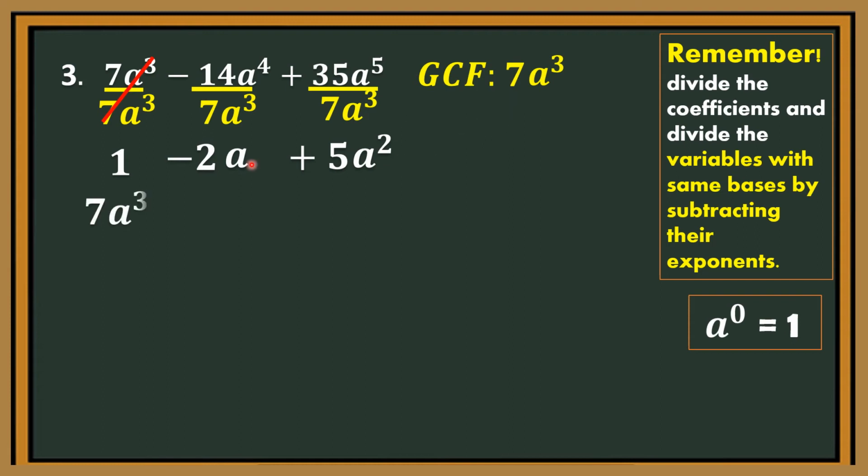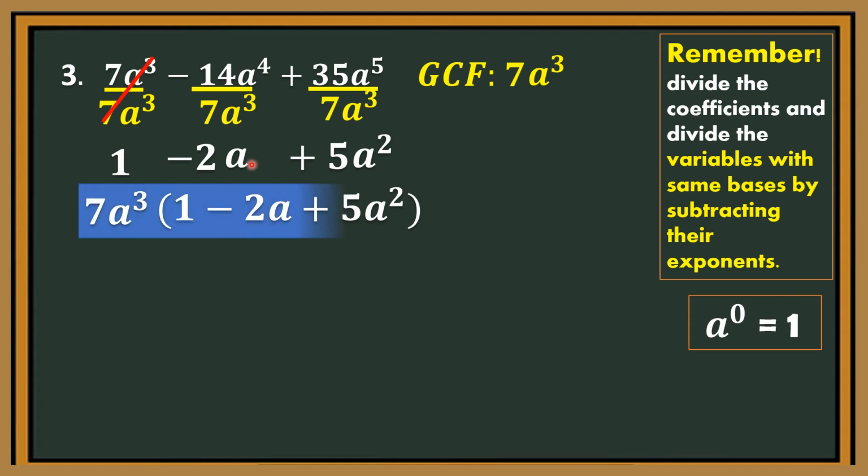First factor is 7a cubed. Second, the quantity of 1 minus 2a plus 5a squared. Therefore, this is now the factors of 7a cubed minus 14a to the fourth plus 35a to the fifth.